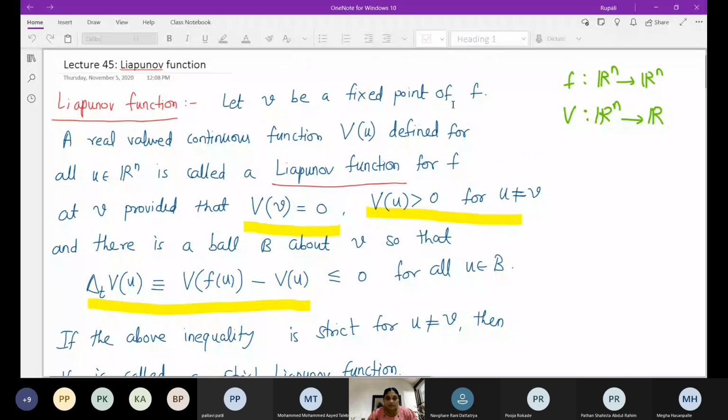A real valued continuous function capital V(u), defined for all u in R^n, is called a Lyapunov function for f at v, provided that capital V at small v is equal to 0 and V(u) is strictly greater than 0 for u not equal to v, and there is a ball B about v so that it satisfies this condition: delta t V(u), which is V(f(u)) minus V(u), is less than or equal to 0 for all u belonging to B. So if my function satisfies these properties, then we will call it a Lyapunov function.